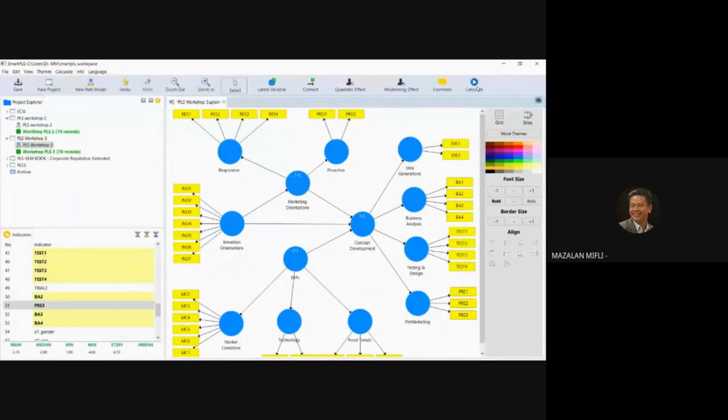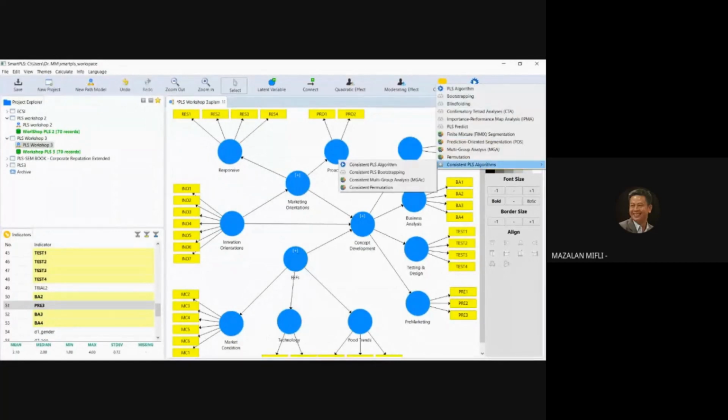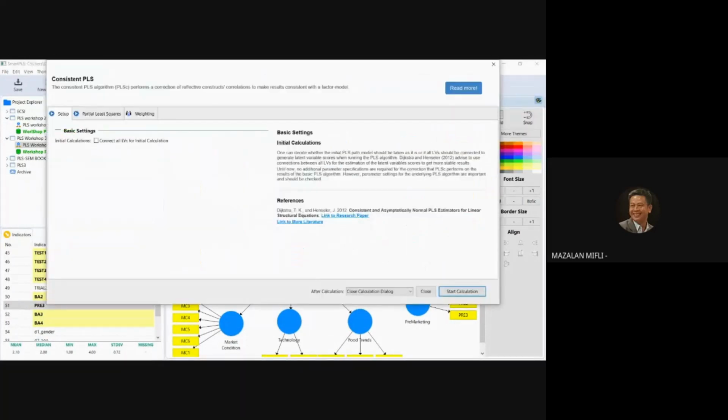Right, okay, so here we calculate, consistent PLS algorithms, then we press that. This is where it becomes so exciting. I'm not sure about you guys, but for those who are really into research, this can be very exciting, because you really want to play around like a game.